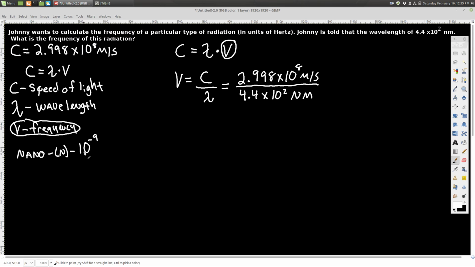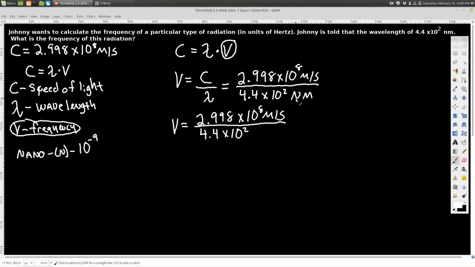Now what we're going to do is change that here. We could do another calculation off to the side, but I'm going to show you how I do this. We've got V equals 2.998 times 10 to the 8th meters per second, divided by, notice nothing's changed so far, 4.4 times 10 to the second.